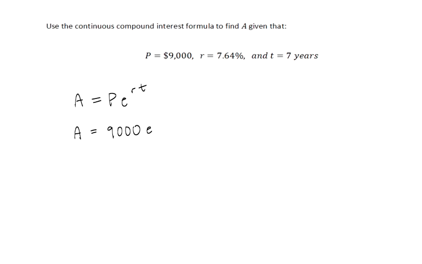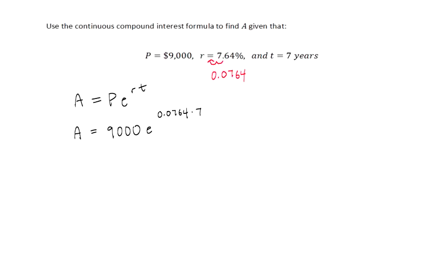We need to change that into a decimal, so we'll move the decimal point 2 places over to the left-hand side, and that gives us a decimal value of 0.0764. So when we substitute R into the formula, we're going to use 0.0764, and then we multiply that times 7 years, or just 7.